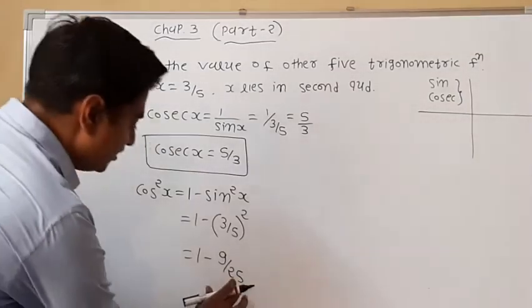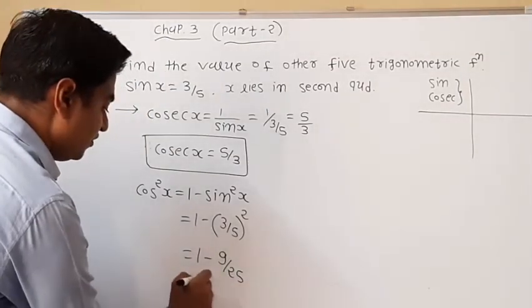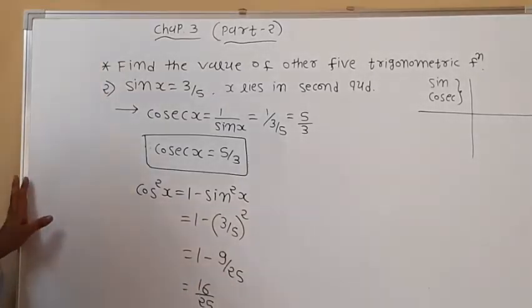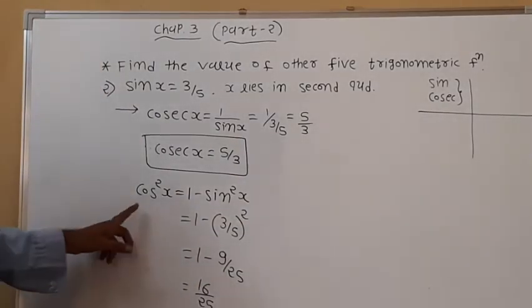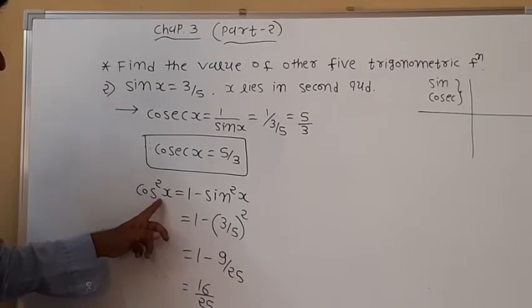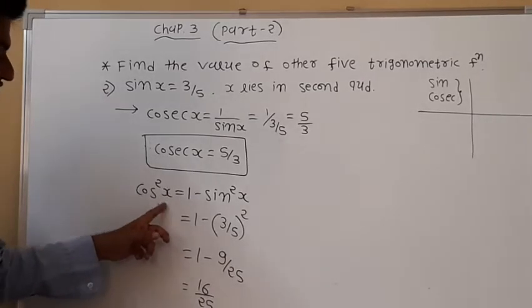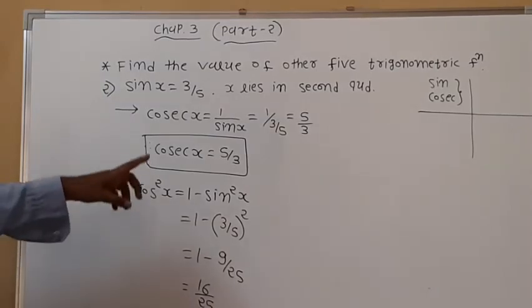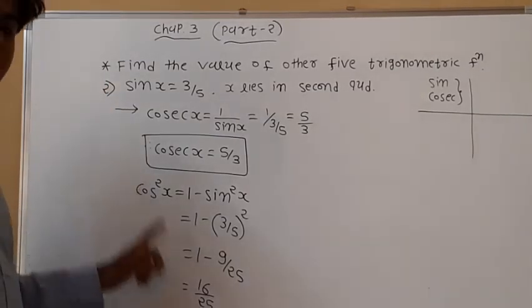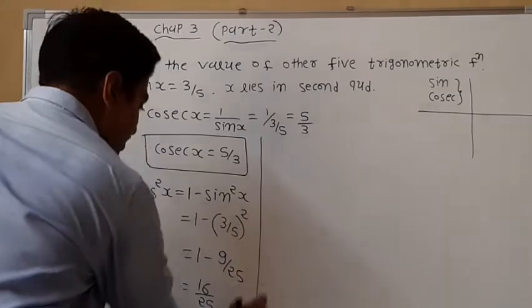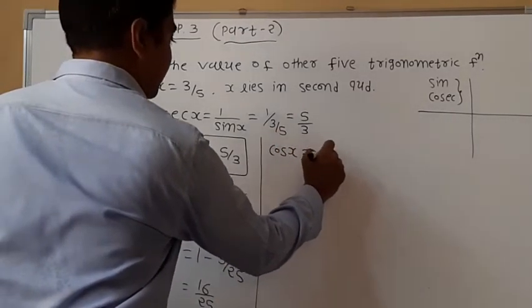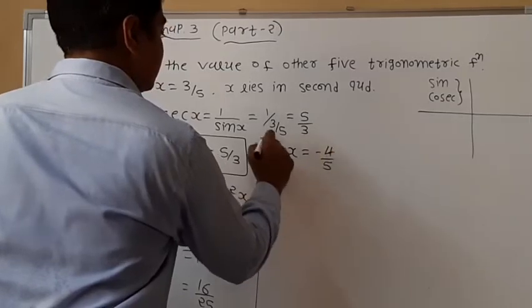Now take LCM. So 25 minus 9, that means 16 by 25. Now after checking, here the condition is present, cos square x form is present and the second quadrant is present. So in the second quadrant the value of cos is negative. So remove the square root and write only the negative value, that means minus 4 by 5.